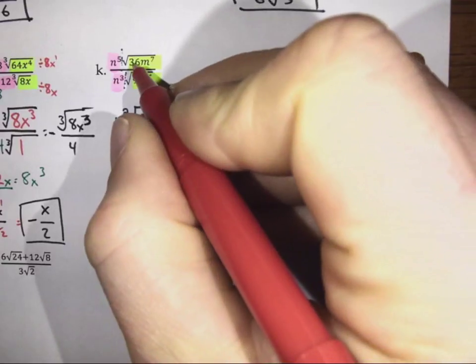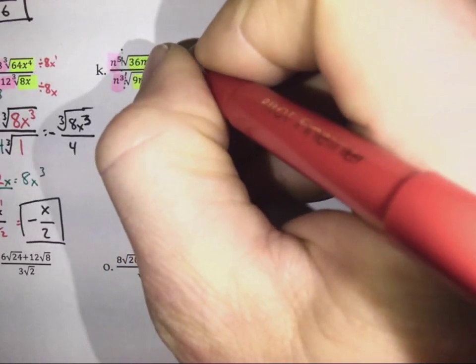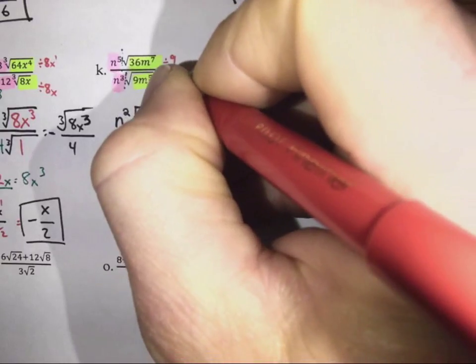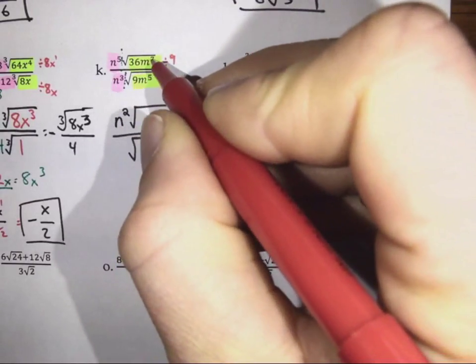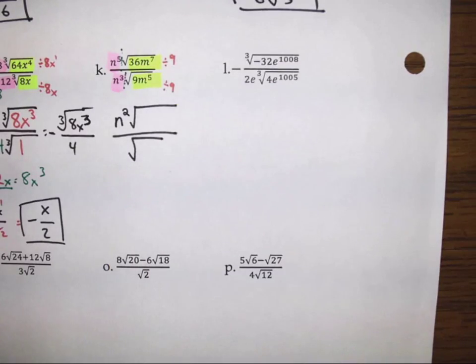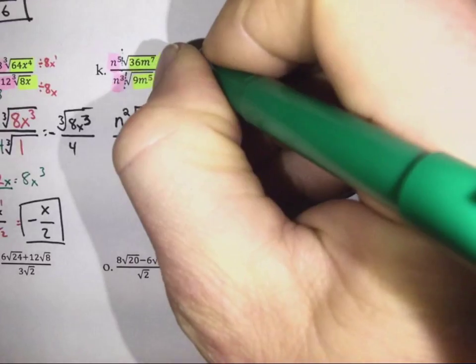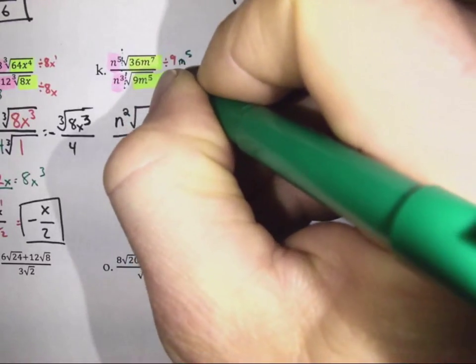And, okay, it looks like I can divide 36 and 9. I can divide them both by 9. And the question is, what power of m can I divide both of these by? And the rule here is that you always want to take the highest power of the variable that you can. You can divide them both by m to the power 5.